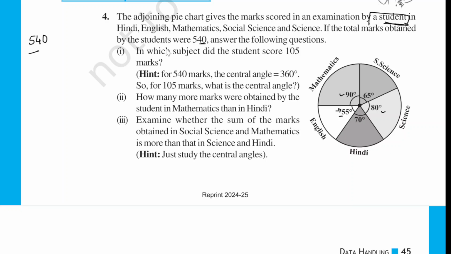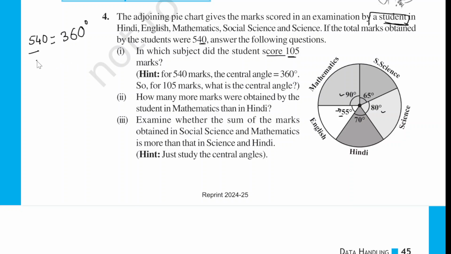So total marks obtained by him is 540. So you can say that 540 represents 360 degrees. In which subject did the student score 105 marks?